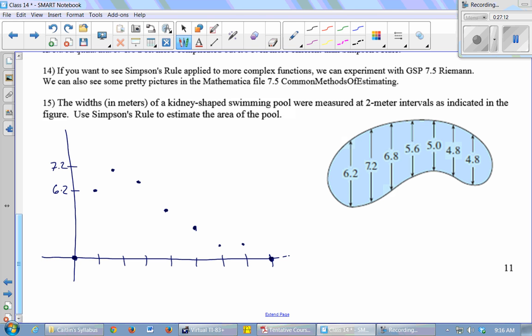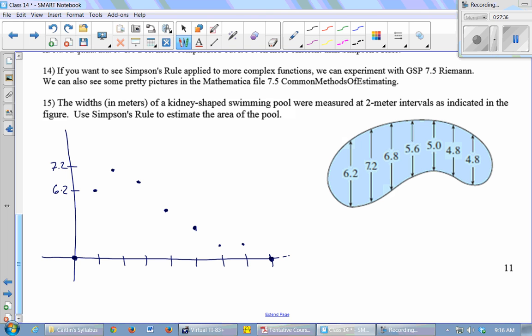Yeah, at least 3. What if I was going to use midpoint rule? How could I use midpoint rule here if I don't know the midpoints on the 2-meter intervals? Yeah, so I could make my intervals 4 meters wide, and then I could use one of the points I know as the midpoint. So let's do that.